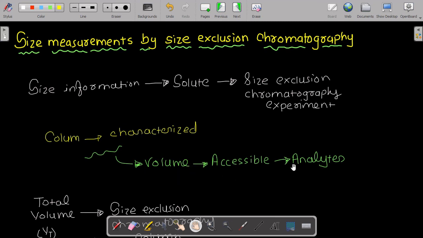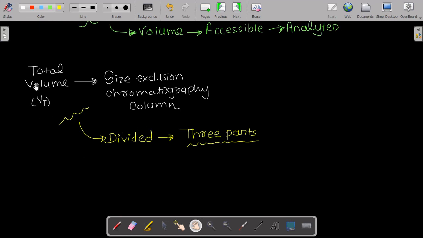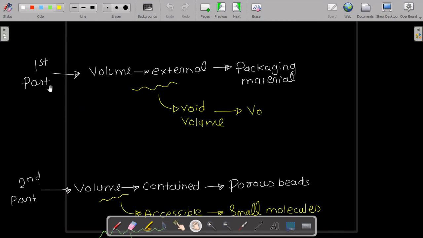Now, the total volume, represented by Vt, of the size exclusion chromatography column is divided into three parts. The first part is the void volume, which is represented by V naught.